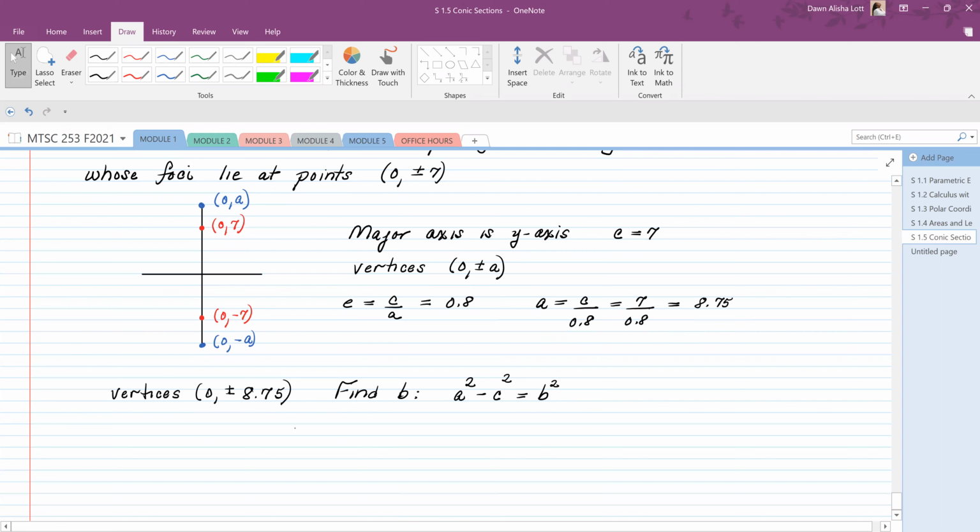So b is the square root of a squared, which is 8.75 squared, minus 7 squared.